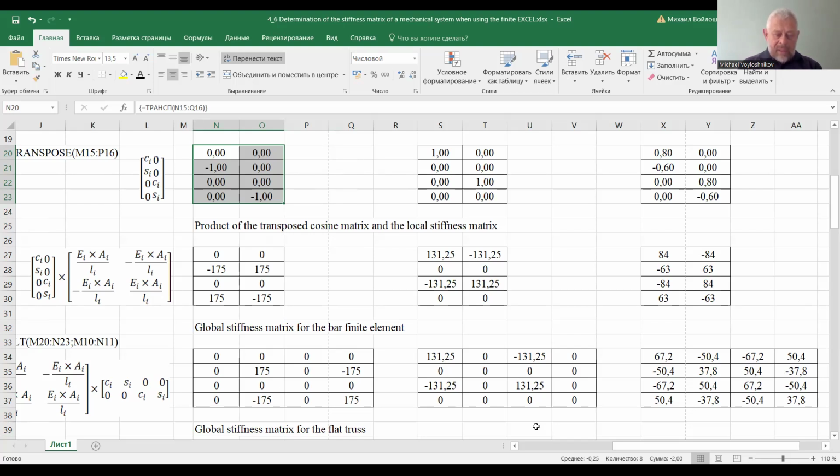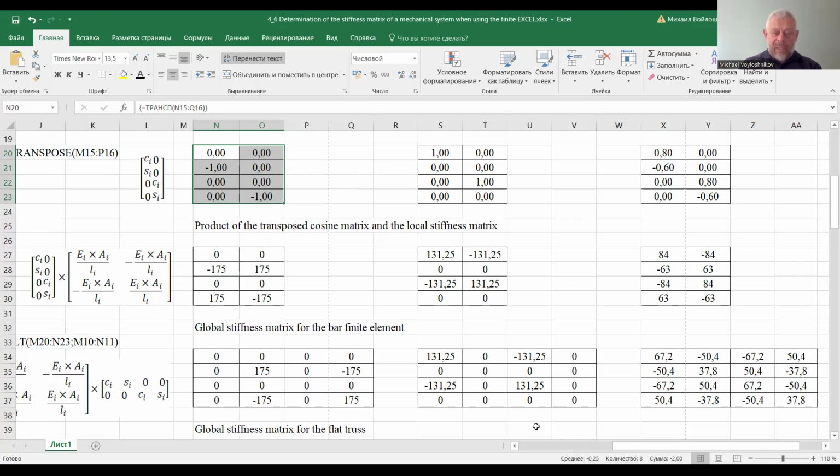And this is for both ends of the rod finite element. So we have two components of the force at each of the two ends.